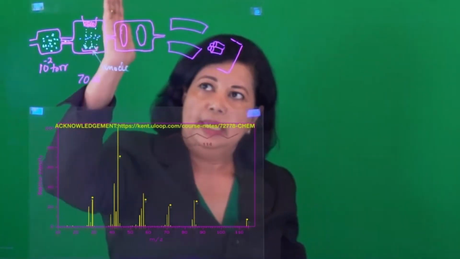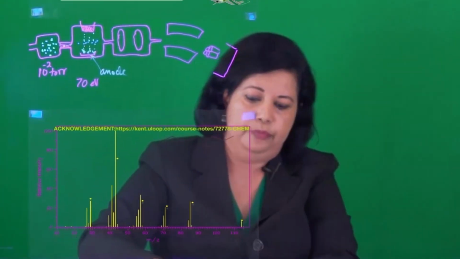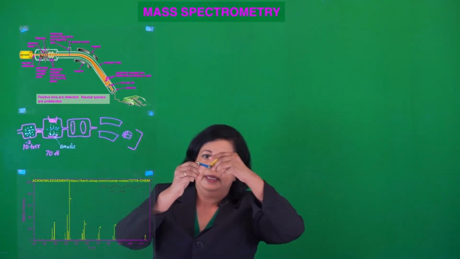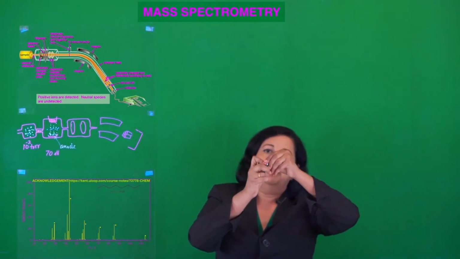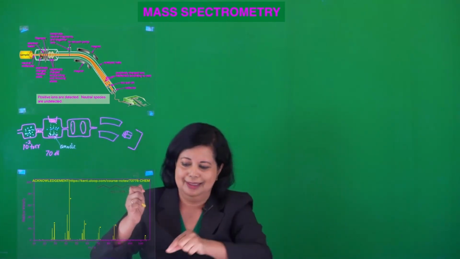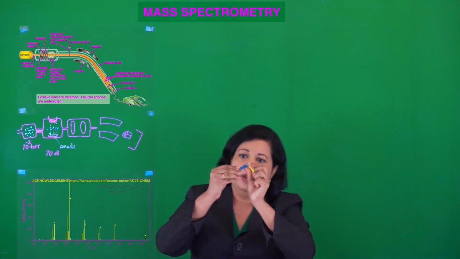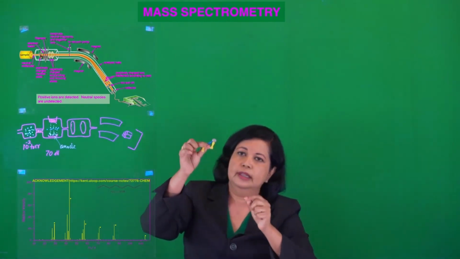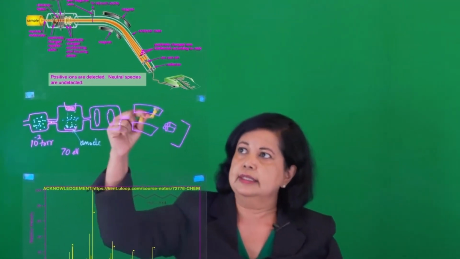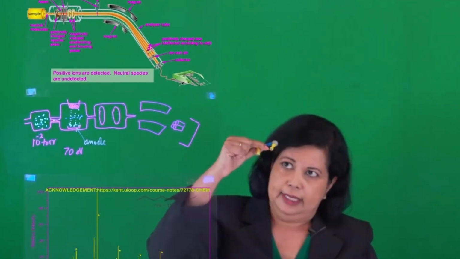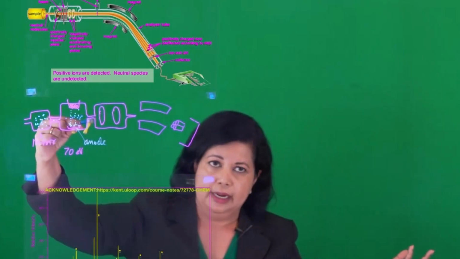That's going to hit that molecule at a very, very high speed and energy, and it's going to pull off an electron. And so you have an ion here. Now you have a molecule that lacks an electron. That is sometimes called a radical ion or cation.